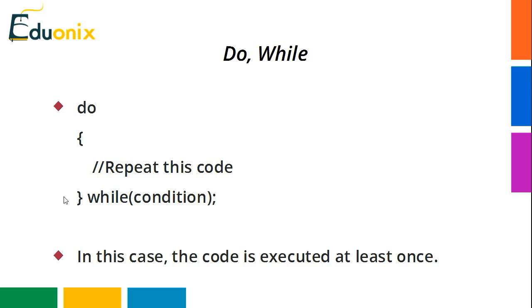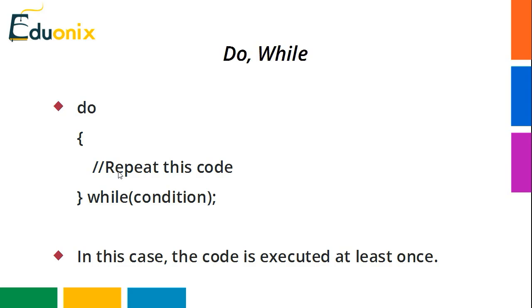A similar loop is the do while loop. So the way you set that up is to use the do keyword and have a code block, and then the while statement is at the bottom. And while this condition is met, this loop will continue to iterate until the condition is not met.